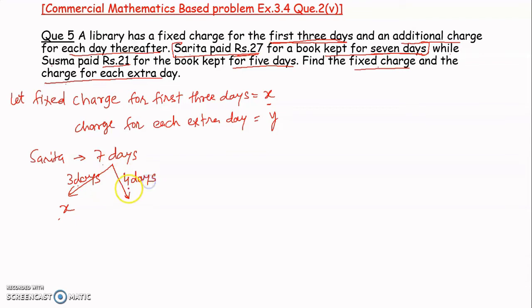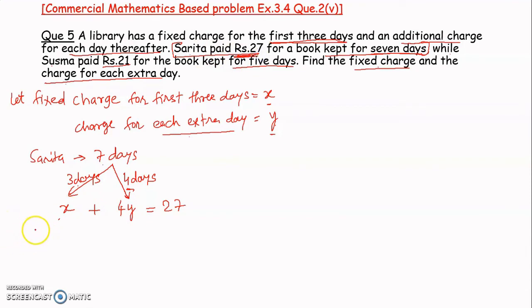For those 4 extra days, she will pay rupees Y for each extra day. So for 1 day she will pay Y rupees, and for 4 days she will pay 4Y rupees. So the total payment will be X plus 4Y, that will be equal to rupees 27, that is for Sarita.